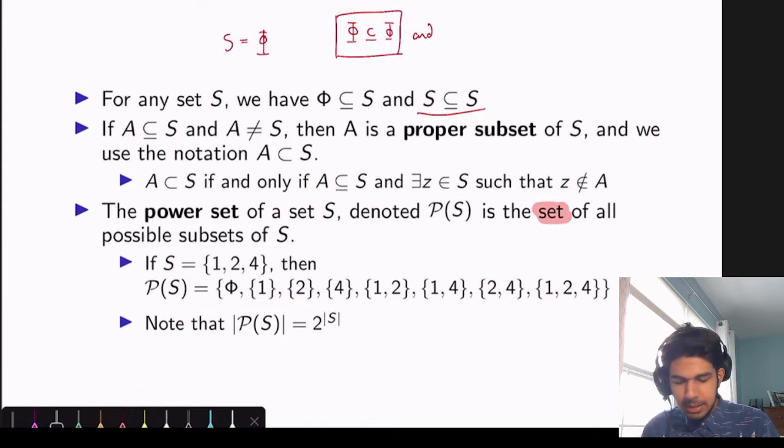Second thing to notice is if we look at how many elements are in P of S, we get 1, 2, 3, 4, 5, 6, 7, 8.